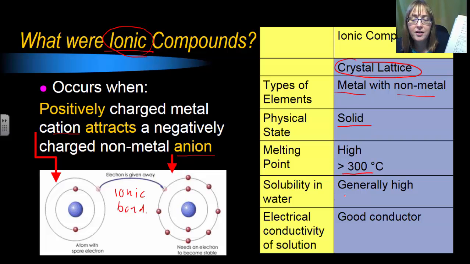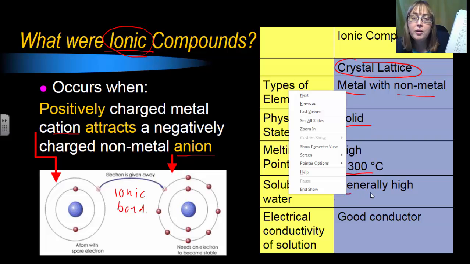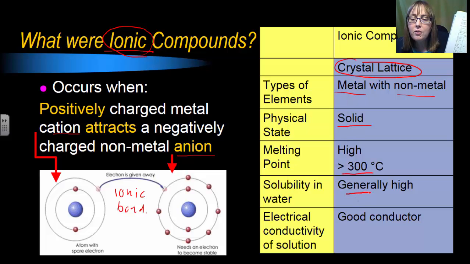Can't put it in the microwave. If we put them into water, they usually dissolve, so they're very soluble in water. And if you try to pass electricity through that solution, they're often very good conductors. Salt water, for instance, is quite conductive.